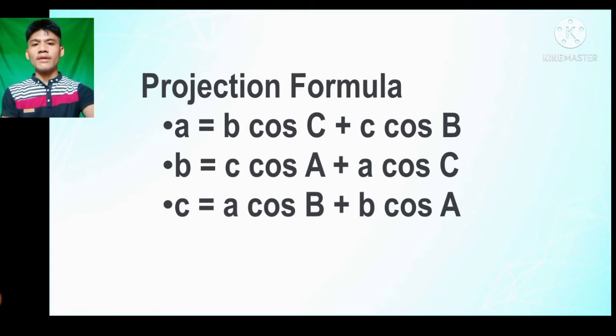So again, we have a is equal to b cosine C plus c cosine B. b is equal to c cosine A plus a cosine C. We have c is equal to a cosine B plus b cosine A. These formulas would help us find the missing values, either sides or angles.